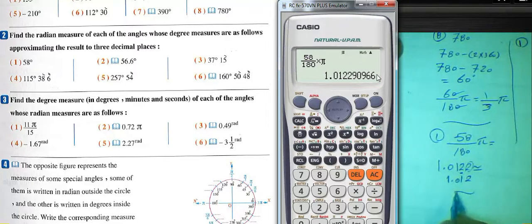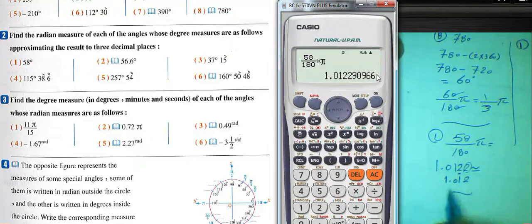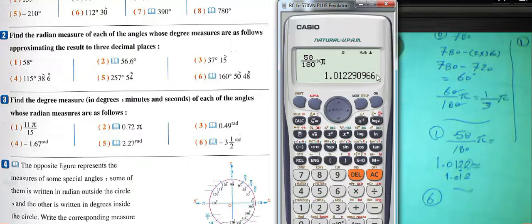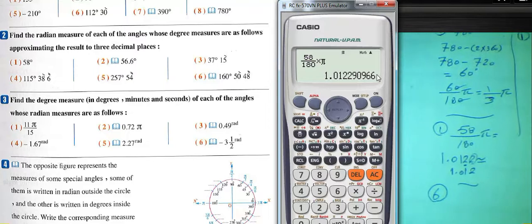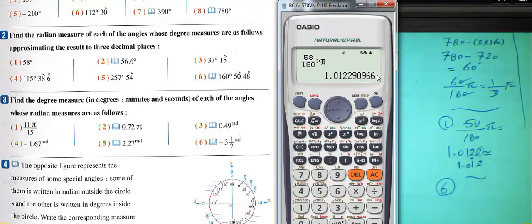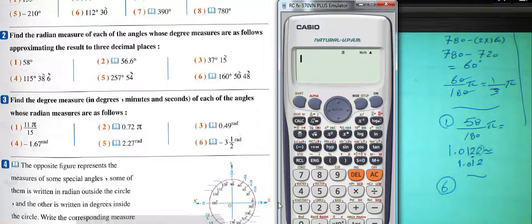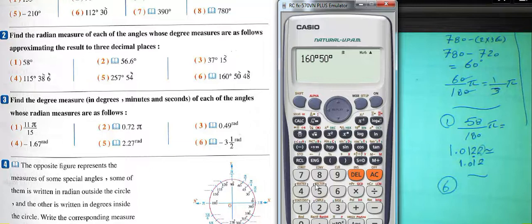And question number 2, 3, 4, 5 are like this example. I will solve 6, and you will solve question number 2, 3, 4, 5 using these methods. Look with me here: 160 degrees, 50 minutes and 48 seconds.